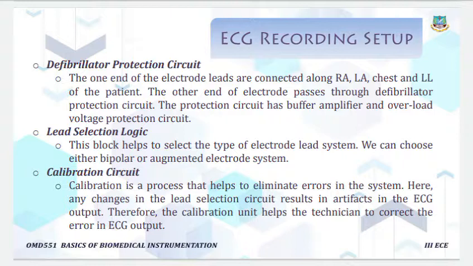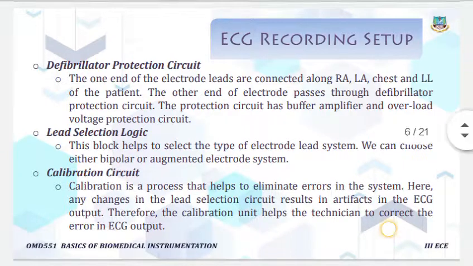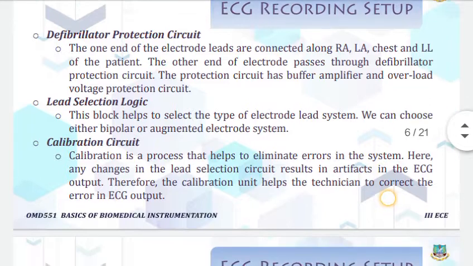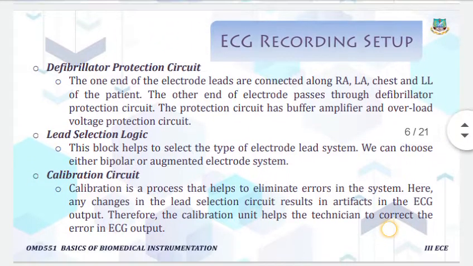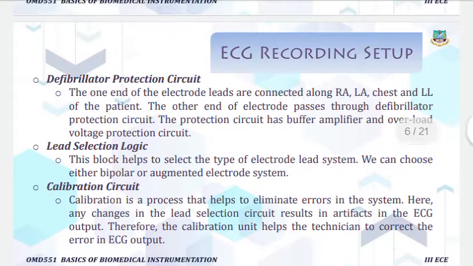Next, the lead selection logic. This block helps to select the type of electrode lead system. We can choose either the bipolar or the augmented electrode system. Then the calibration circuit. As I told you, it is the error correction circuit that eliminates errors in the system.